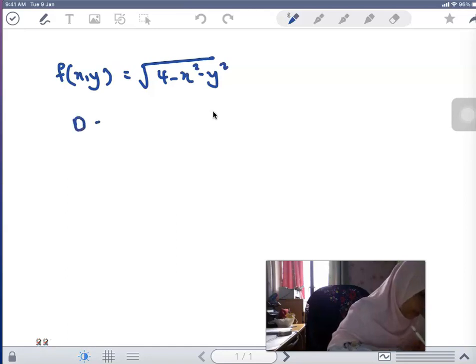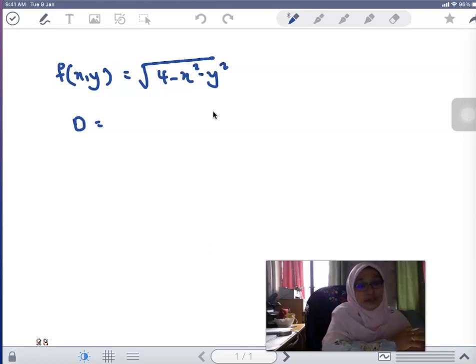Okay, about the description of the domain, please follow the template as given, because I can see from the exercise that you submitted, some of you just write whatever you want, even though I can understand your domain. You want to tell me that the value of x, y can be any number, but you have to follow the template. If you want to get the full mark, make sure you follow the rule in writing the description of the domain and the range.